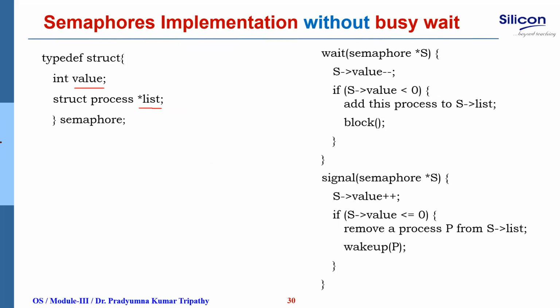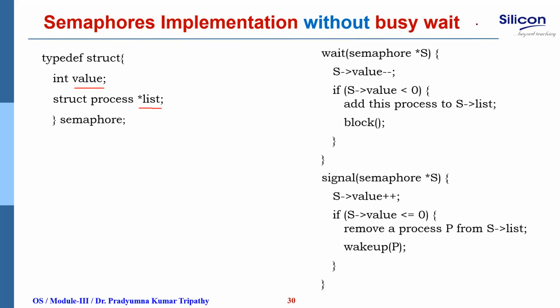Whenever a process enters, instead of waiting, a counter is there and the s value will be decremented. So if s is 0, it will be decremented to -1, then -2, -3. Every process that comes will decrement the value. Correct?